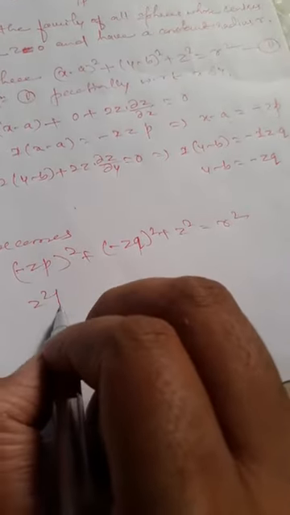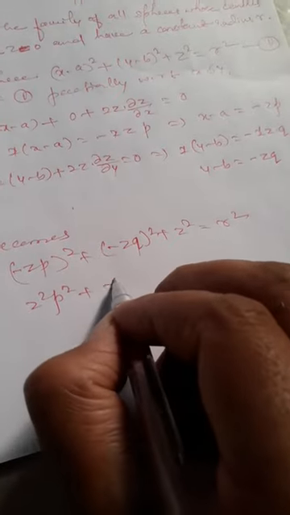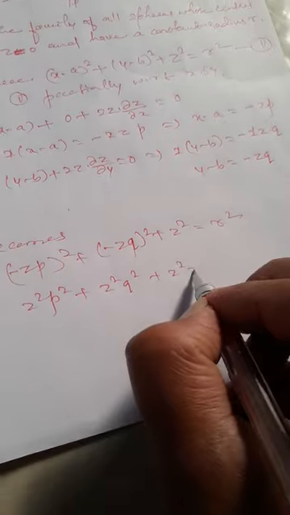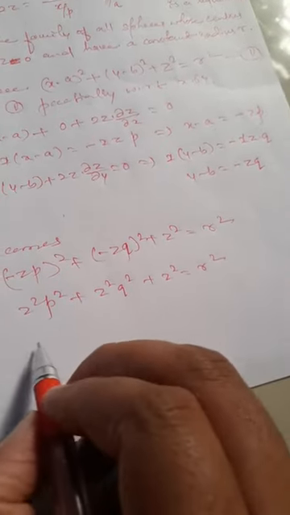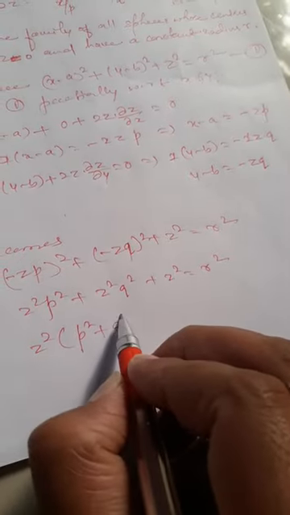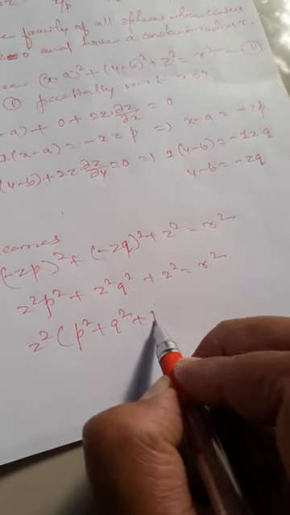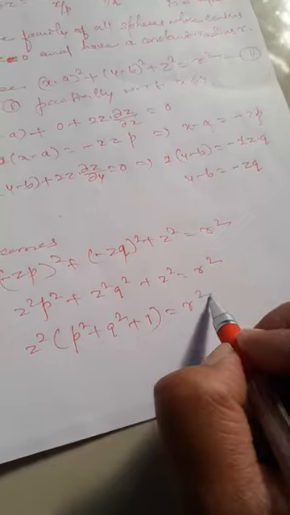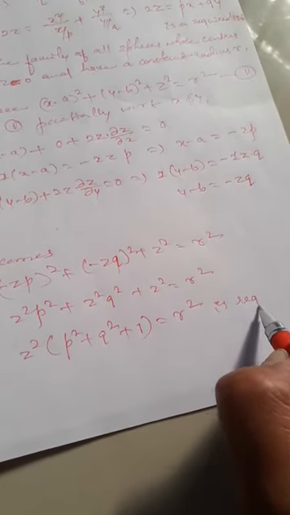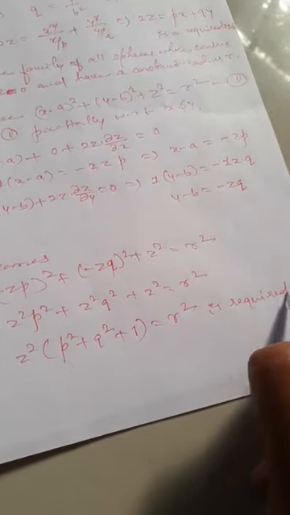Here this is z square p square plus z square q square plus z square equal to r square. Here z square is common, therefore I will take z square outside. z square times p square plus q square plus 1 equal to r square is the required PDE.